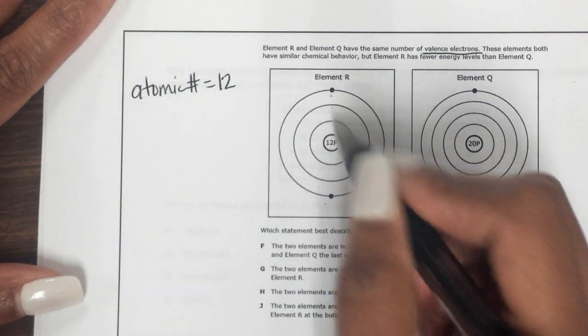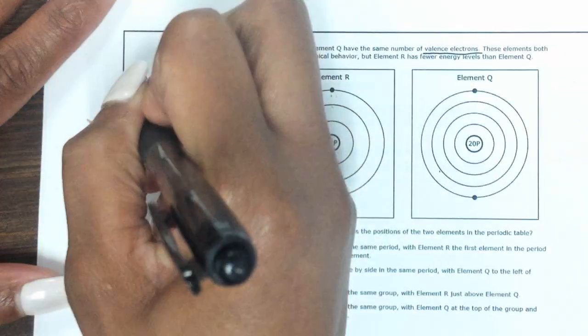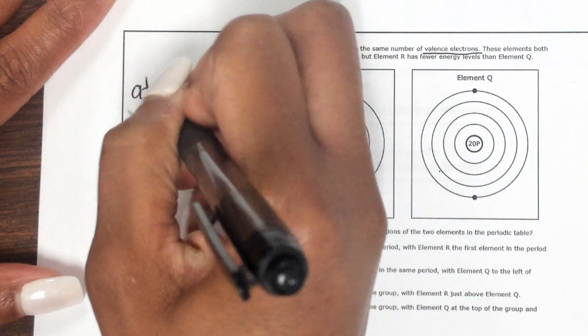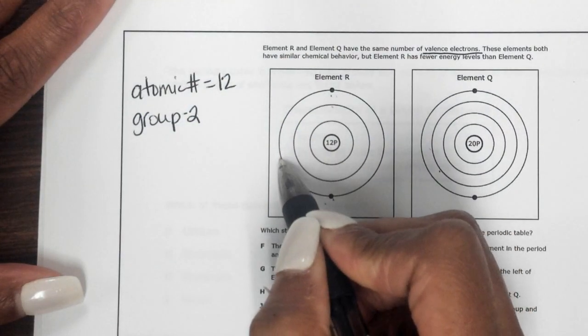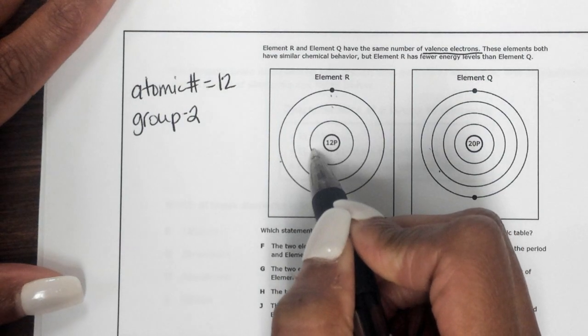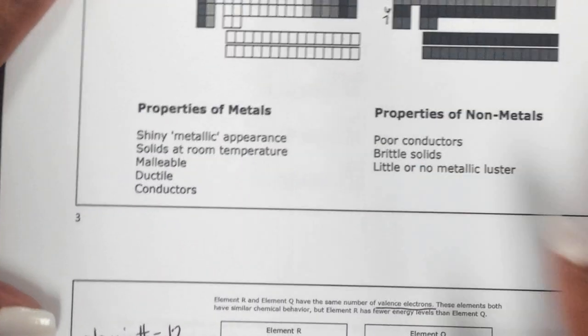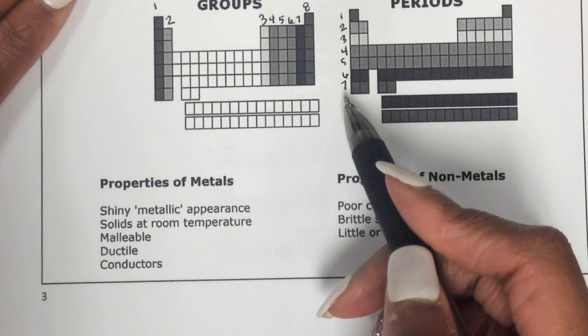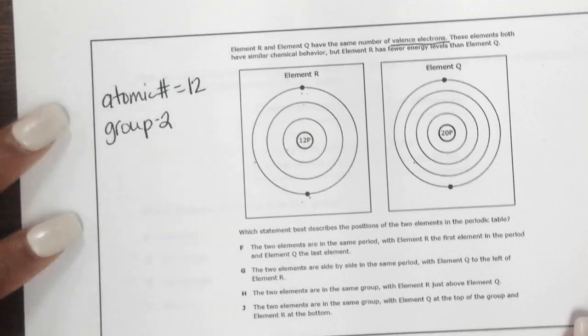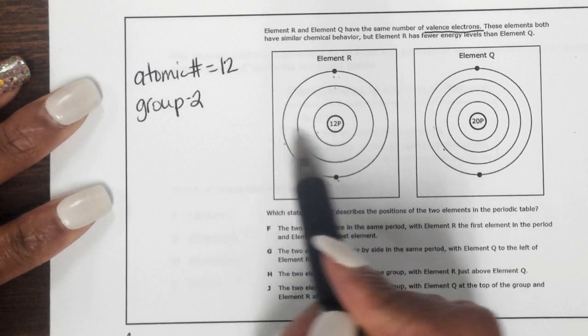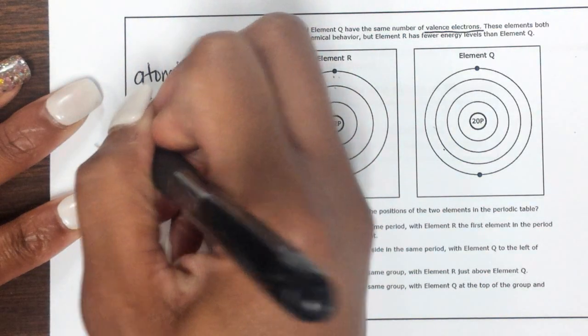It has 2 valence electrons, so it is in group 2. It is utilizing 1, 2, 3 rings. The period number, I forgot to mention that, tells us how many shells or how many rings. We've learned that already. So it has 3 shells. So I'm going to put period 3.